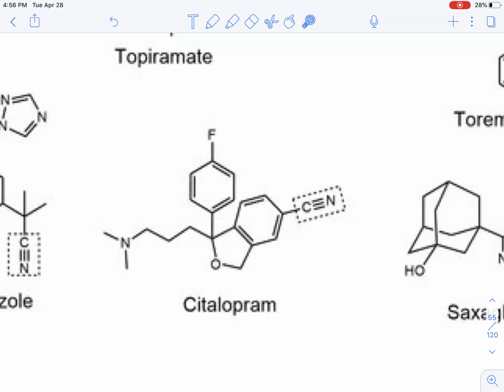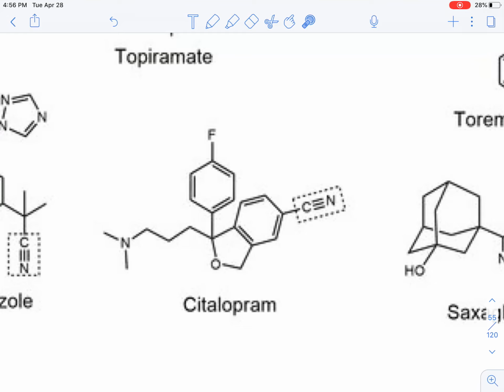So it inhibits the reuptake of serotonin, allowing this neurotransmitter called serotonin to be more present in between the synapse of two neurons. And so, therefore, citalopram being an SSRI, it's going to increase the effective concentration of serotonin, forcing it to induce that signal.